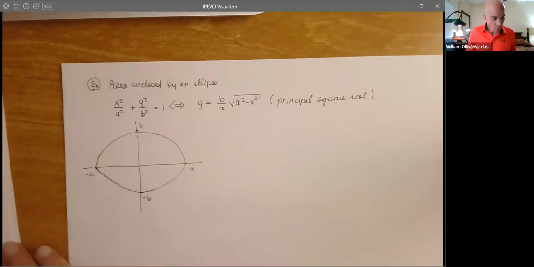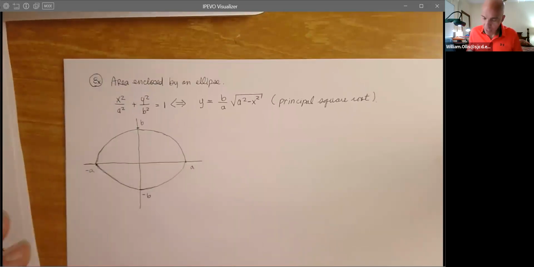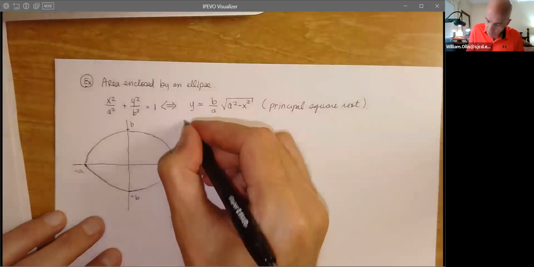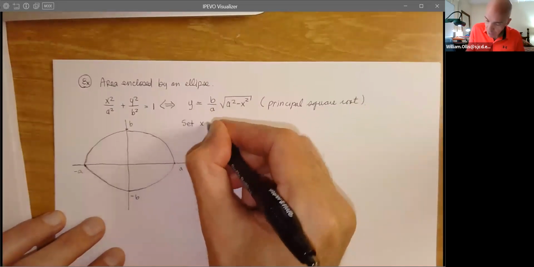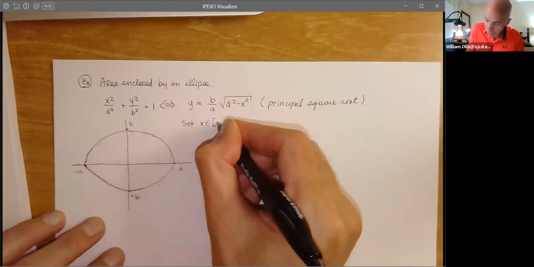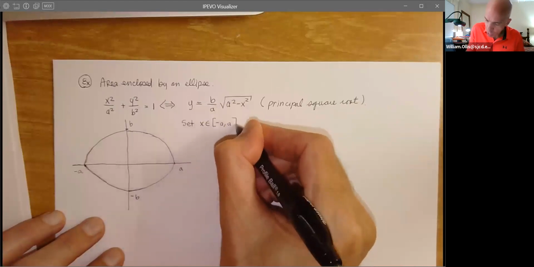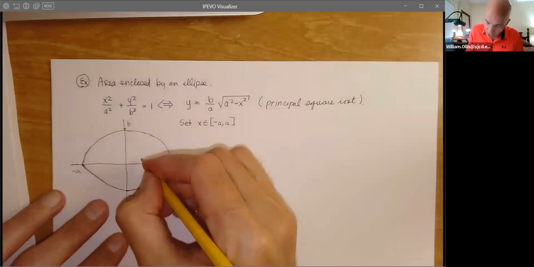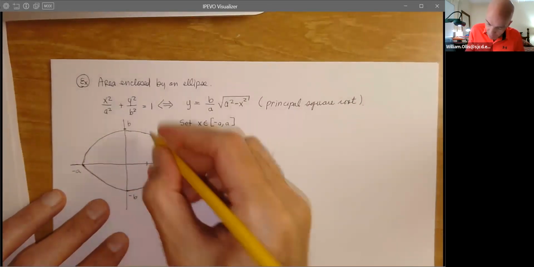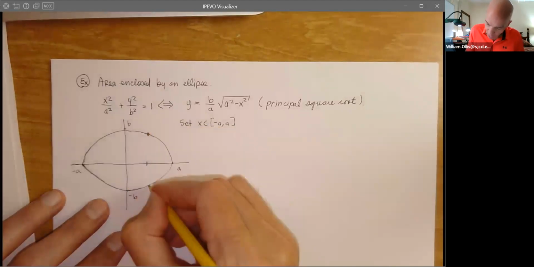So now when you look at this and you think about this, let's just go ahead and first set x to live here between negative a and a, not even using any so-called symmetry right now. We're not so much interested in that. So we might take an x here and then just look at the rectangle.